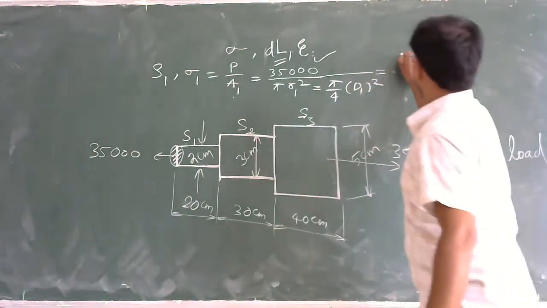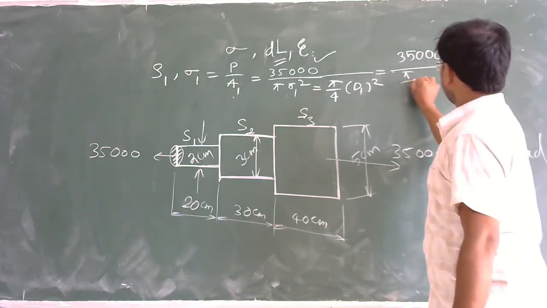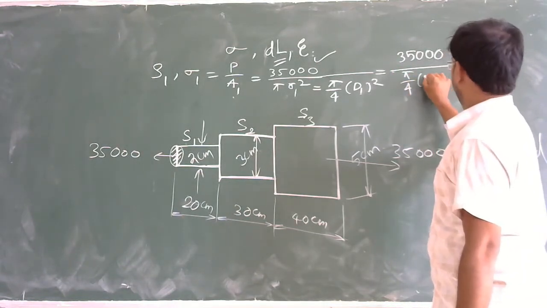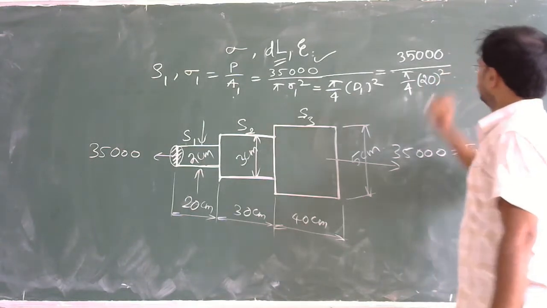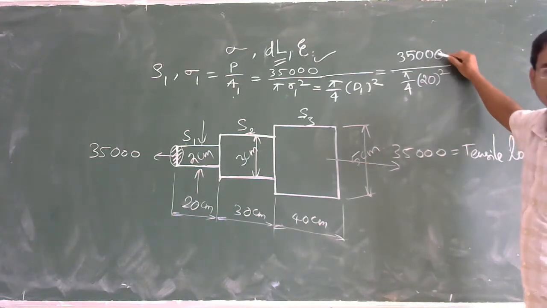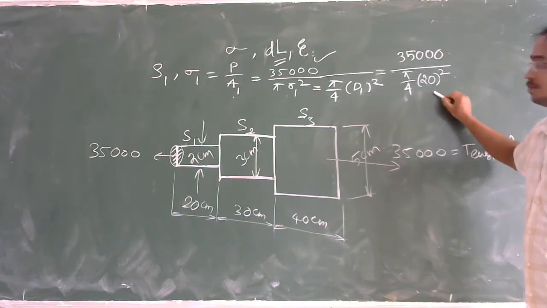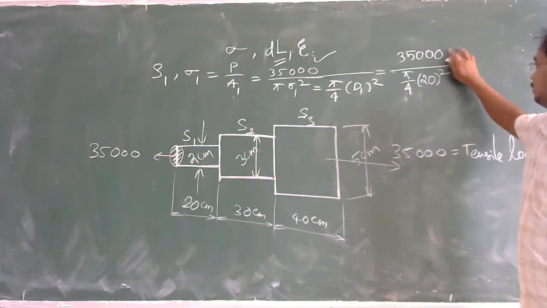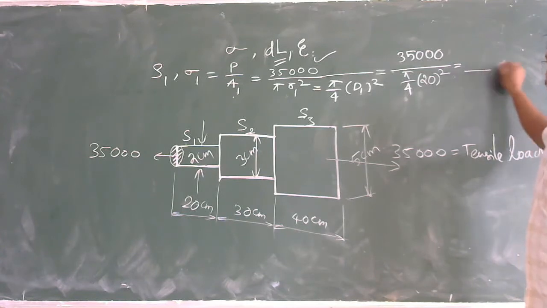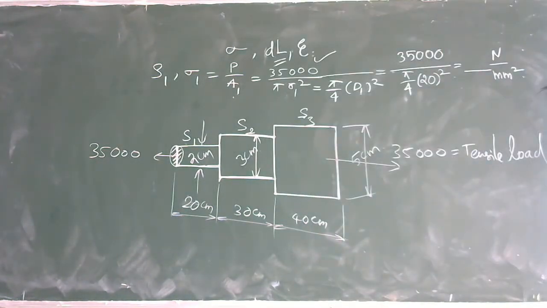So this will become 35,000 by pi by 4 into 20 square. You will get some value, and the units are Newton per mm square. Is that clear? It is Newton per mm square.